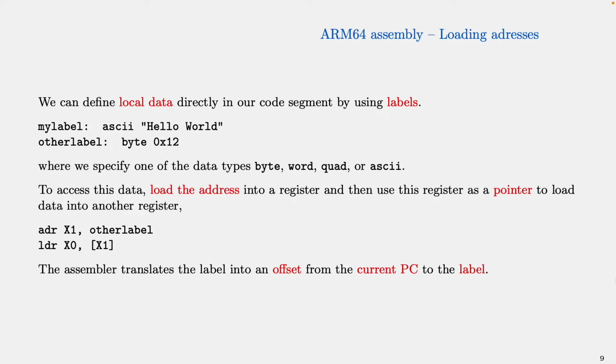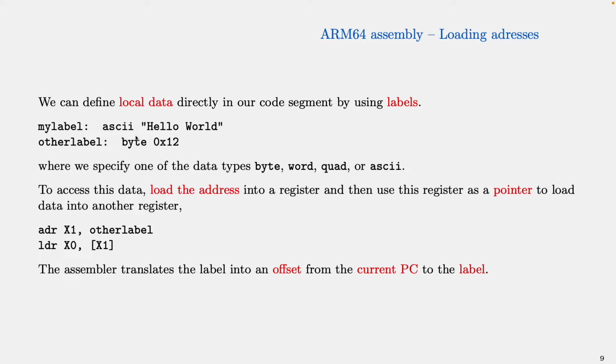We can use local variables in our assembly code if we declare them by using labels. So this is what it looks like. We can just make up a name for our label, followed by a colon, and then write the data type of the data we want to use and explicitly state it here.